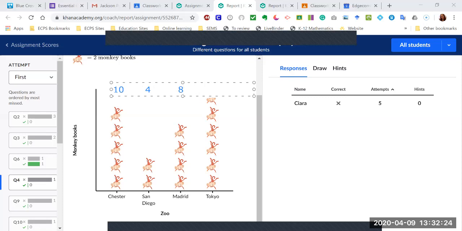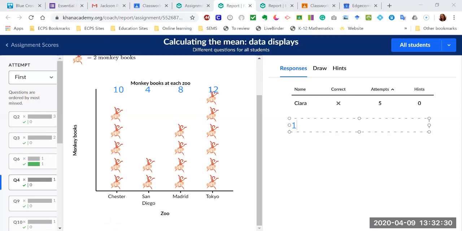And that's actually 6 monkeys there, so that's 12. So what I'm going to be doing is adding up 10, 4, 8, and 12. So that's going to be 34. Right, so 12 plus 12 is 24, plus 10 is 34.